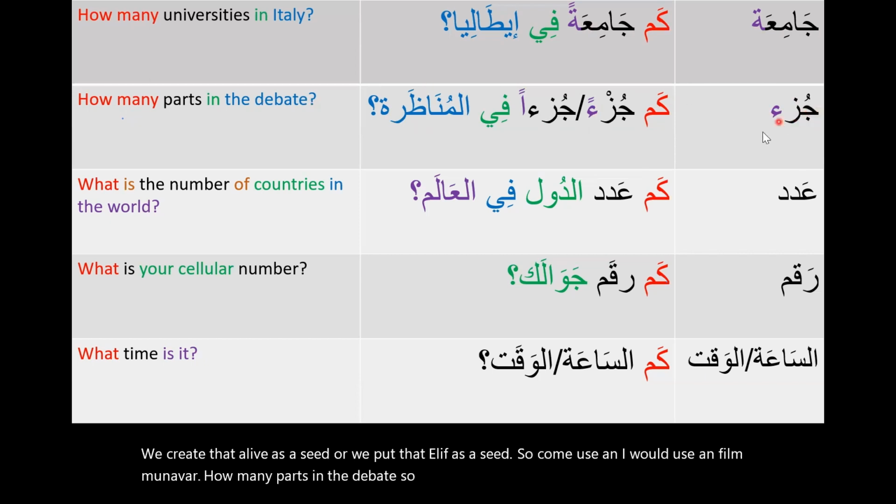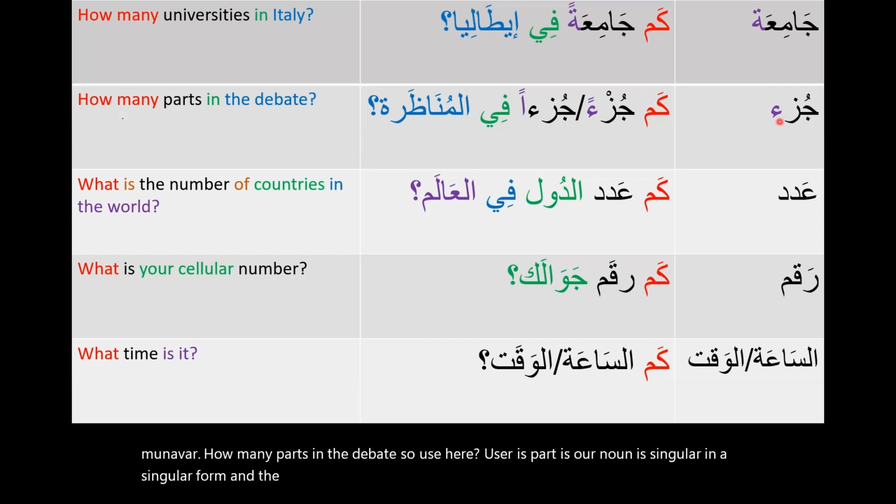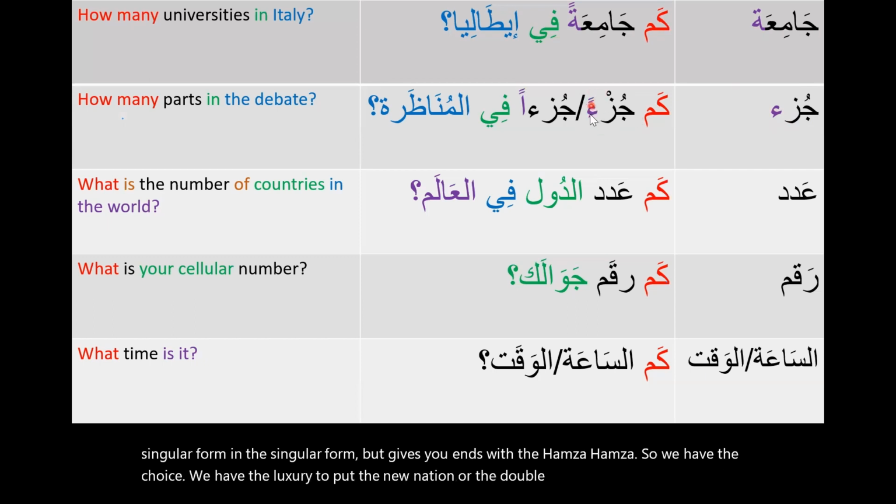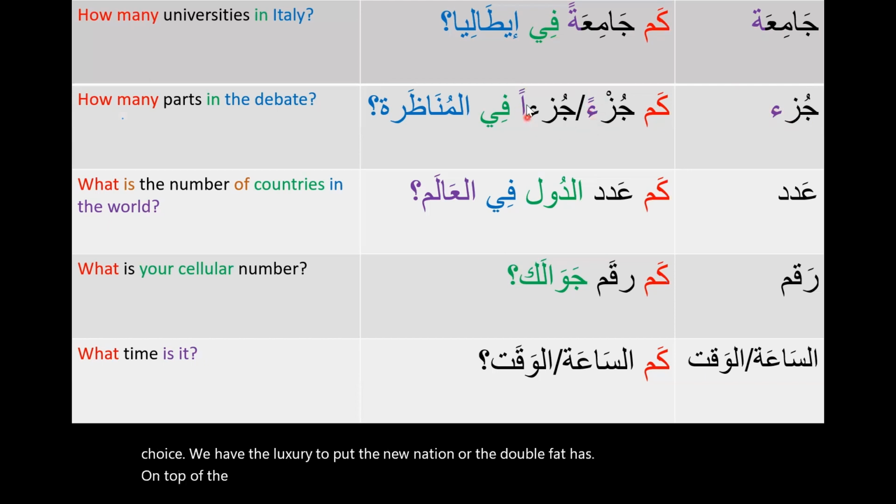So جزء is part, our noun in the singular form, but جزء ends with the hamza. So we have the luxury to put the nunation, the double fathas, on top of the hamza, or we put the alif as a seed and then we put the two fathas.